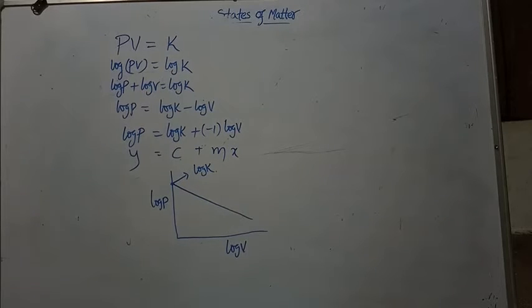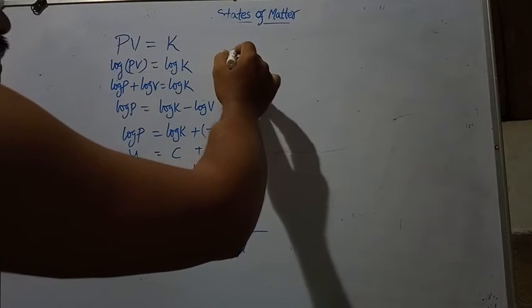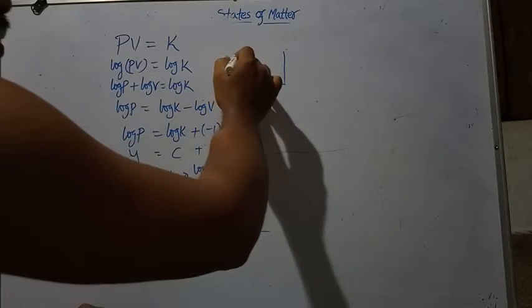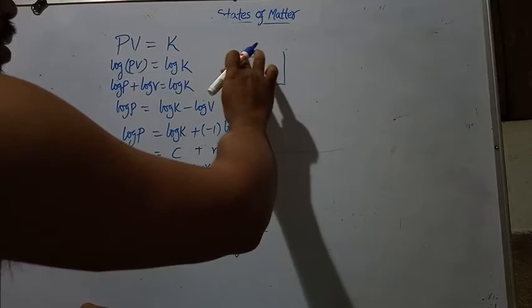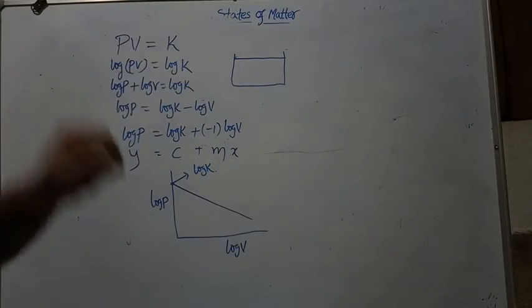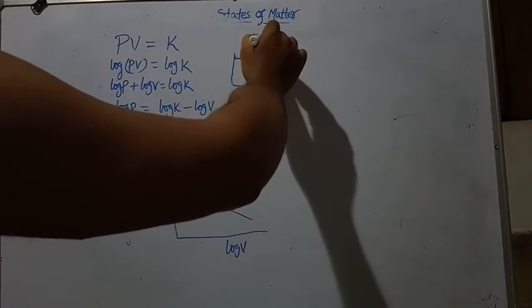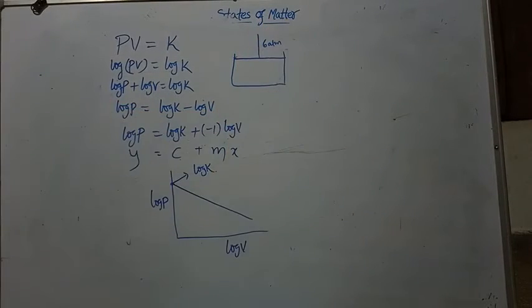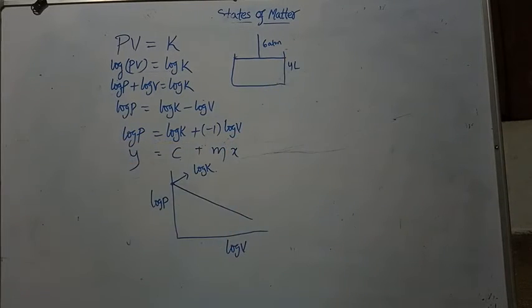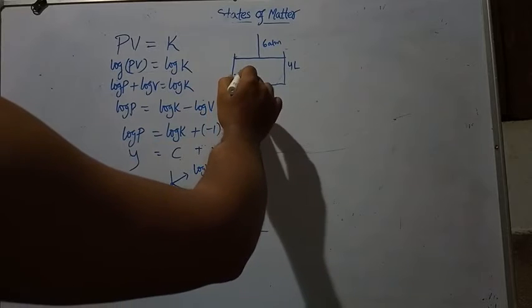And one more point we have to remember. For example, here I am taking some gas in this vessel at a pressure of 6 atmospheres. Suppose the volume will be 4 liters, let us assume like that, at 20 degrees Celsius.